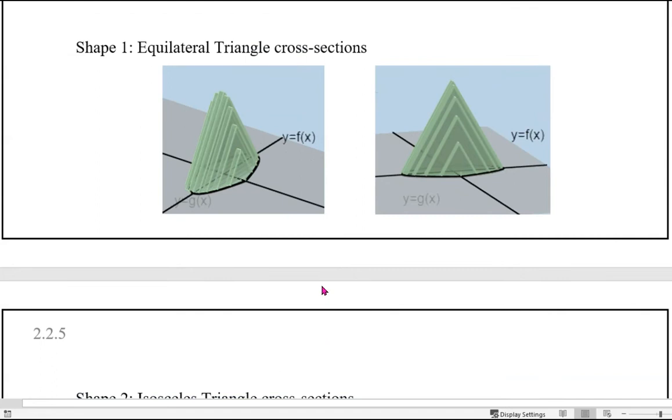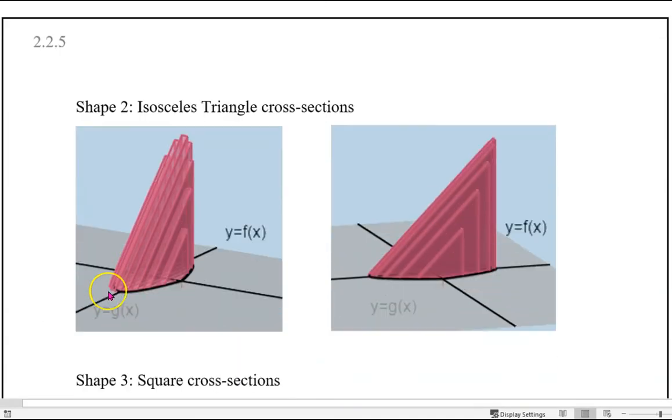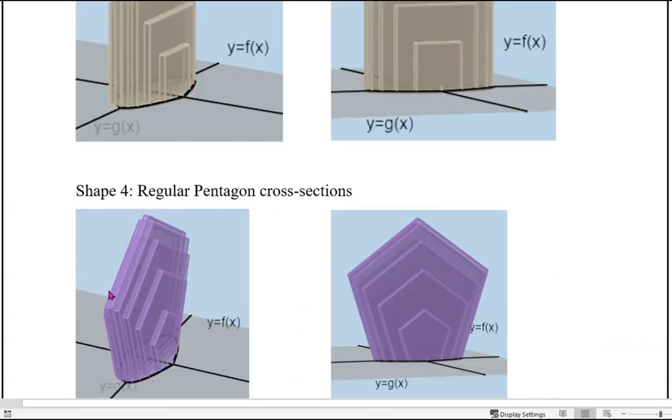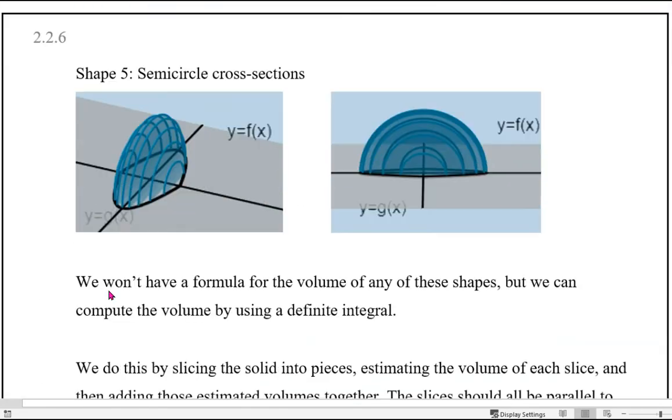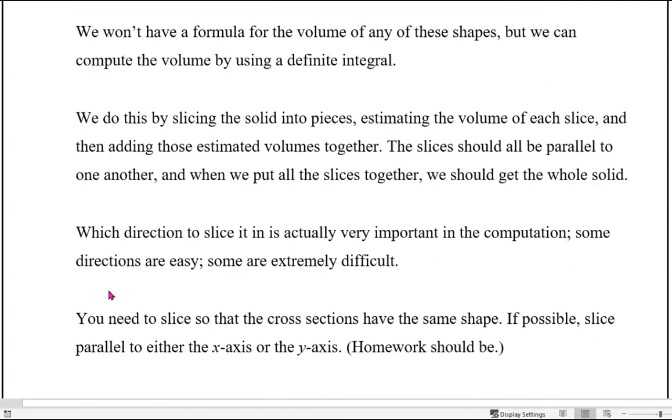In other words, all the cross sections need to be some geometric shape that you recognize from geometry. They need to be something for which we can find the area. That means you need to use a formula from geometry whose area you know or can look up.